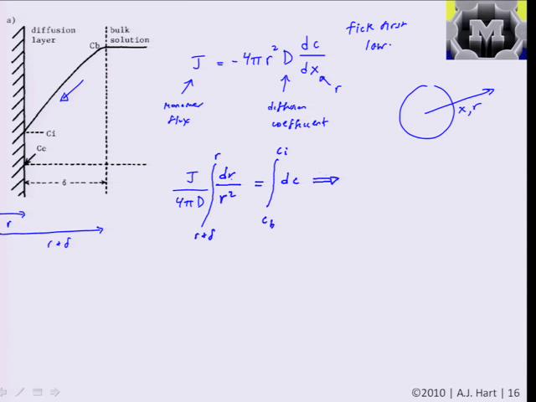We get the result that J over 4 pi D times 1 over r, evaluated from r to r plus delta, is equal to just the difference in concentration from the interface to the bulk.